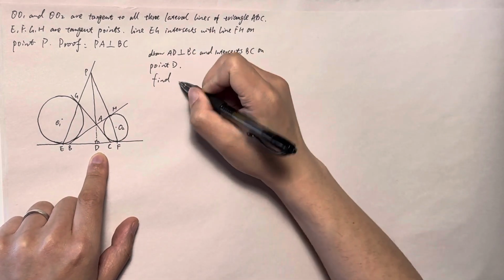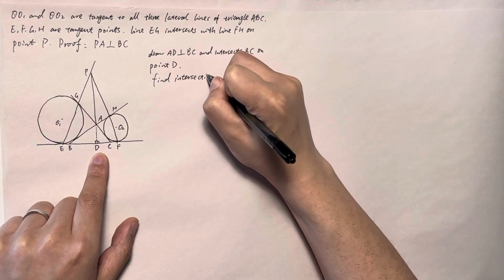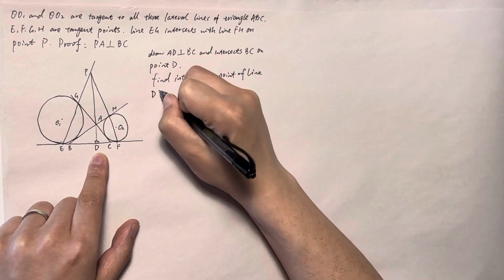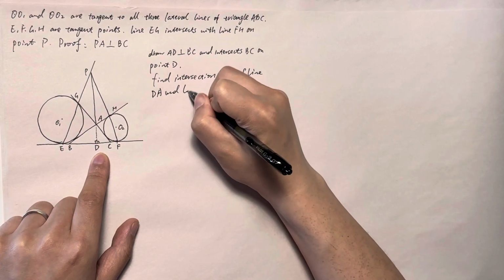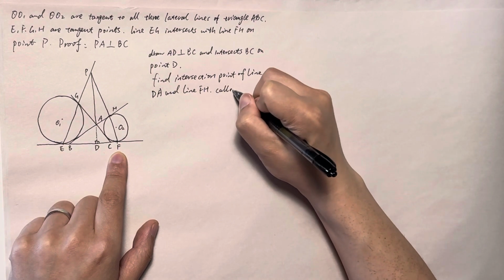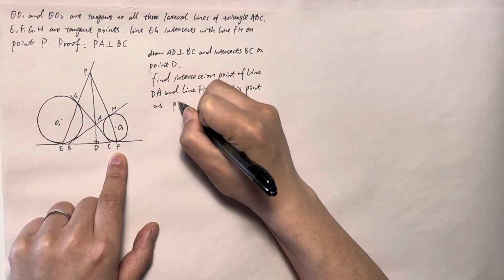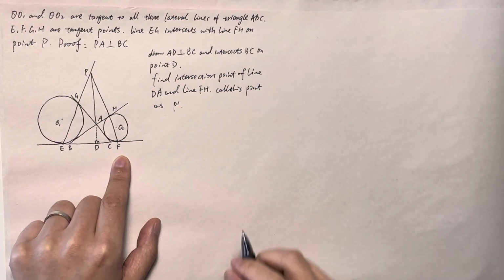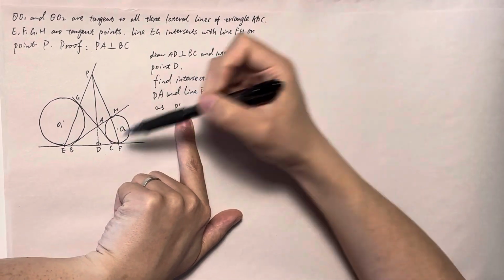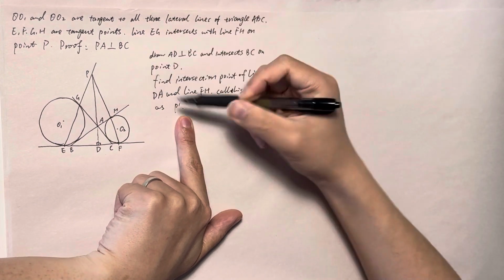We find the intersection point of line DA and line FH. Call this point P prime, right? So we find the crossing point of DA line and FH. We call it P prime.